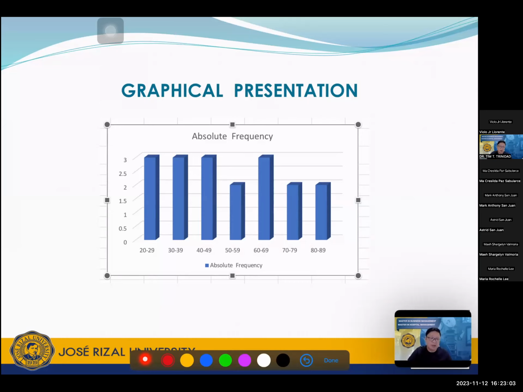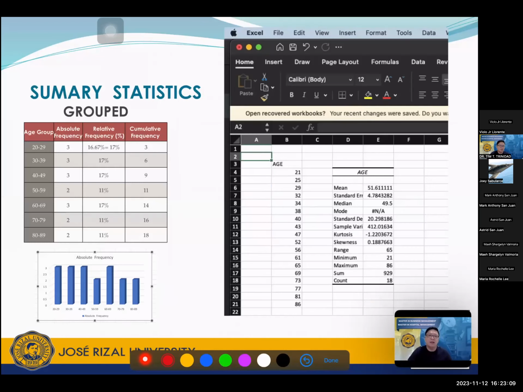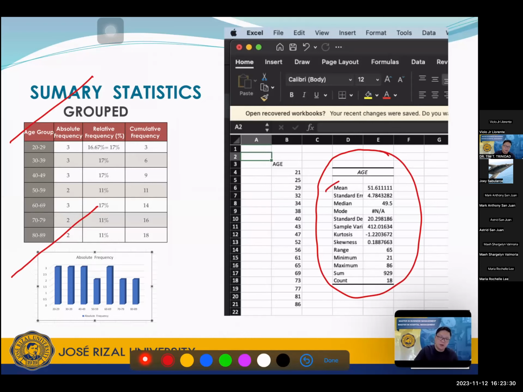We've discussed what the appropriate graphical representation is for every data that you have. Okay, so in summary, if you're going to describe your data using descriptive statistics, make sure that you talk about the frequency table, produce a graph, and of course, the summary statistics, which is your mean, your median, your mode, standard deviation, your variance, etc. So that you will now report it as it is in your analysis.